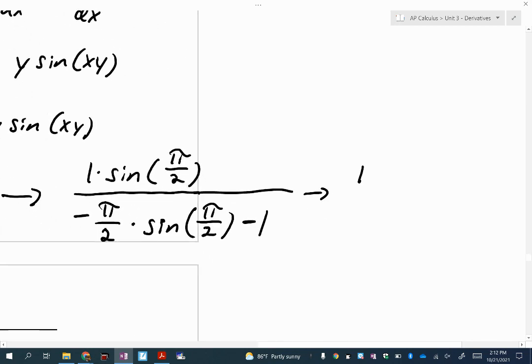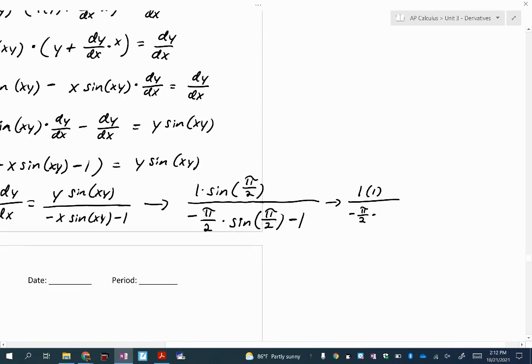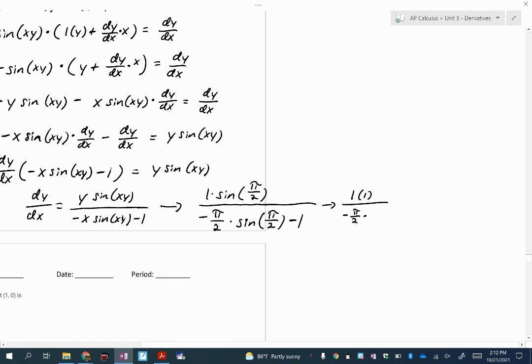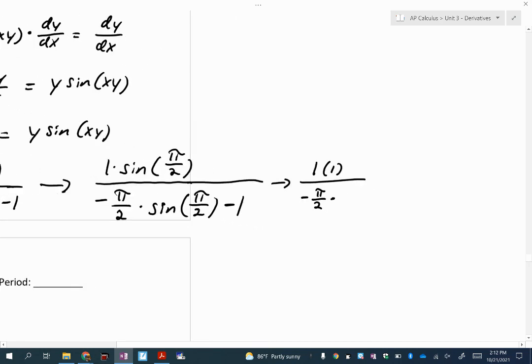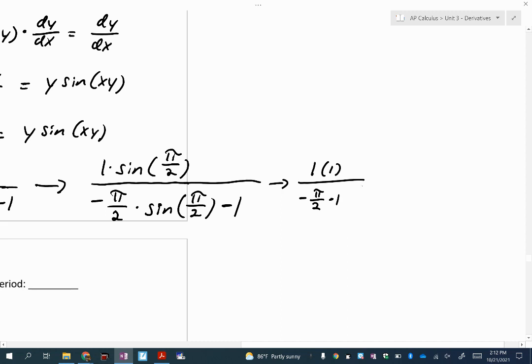The sine of pi over 2, that ordered pair is 0, 1. So the sine of pi over 2 is 1, so 1 times 1, over the opposite of pi over 2 times, again, the sine of pi over 2. Make sure I get my parentheses right here. All of that's together. Times 1 and then minus 1. So it's going to be 1 over negative pi over 2.